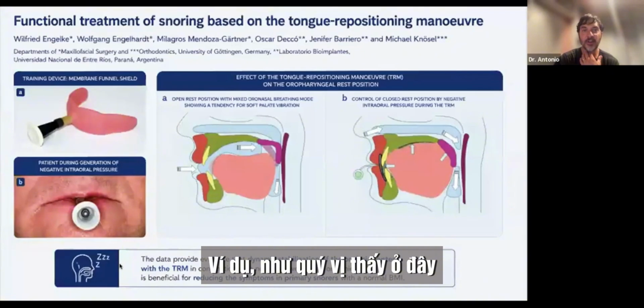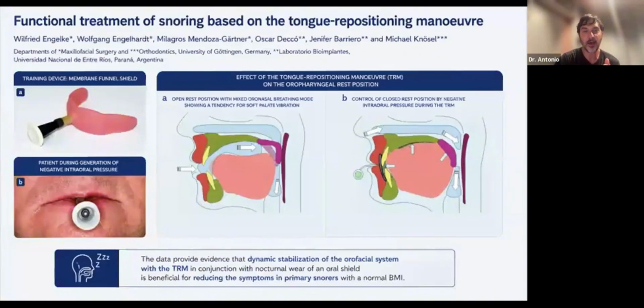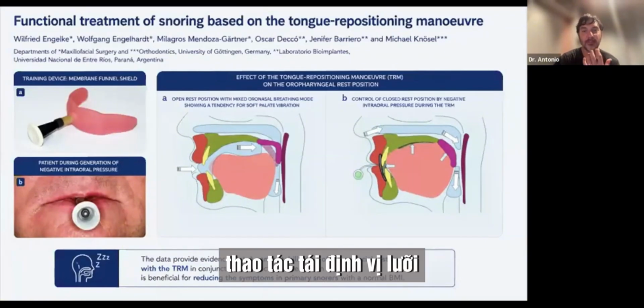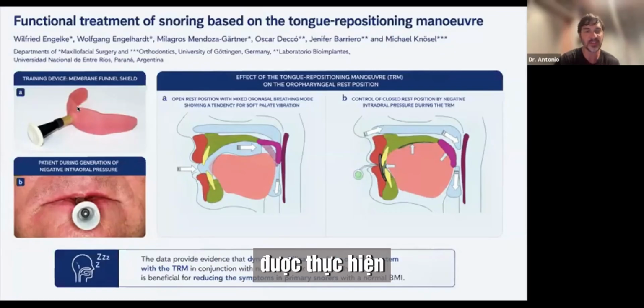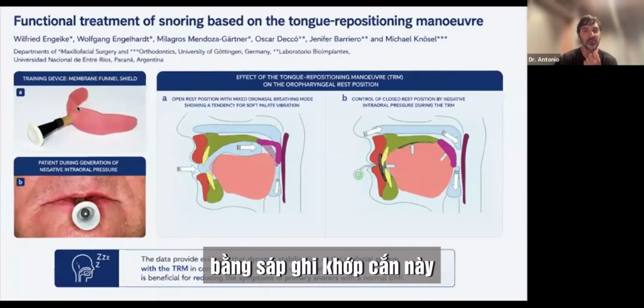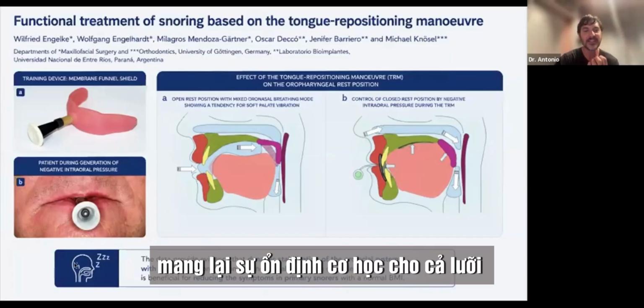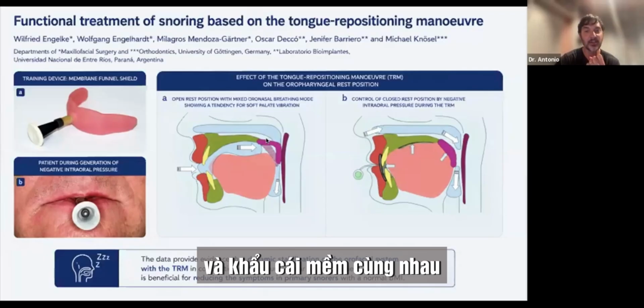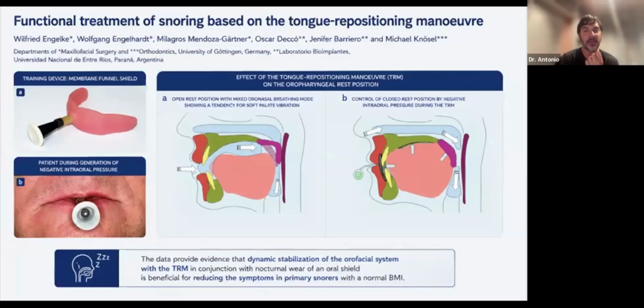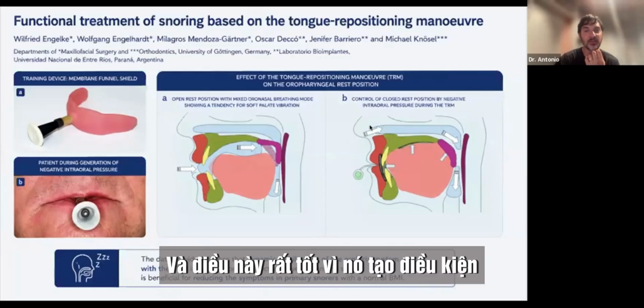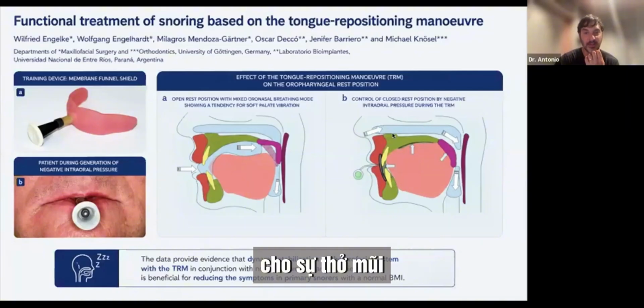For example, as you see here, the tongue repositioning maneuver made with this construction bite provides physical stabilization of the tongue and the soft palate together. And this is quite good because it provides nasal breathing.